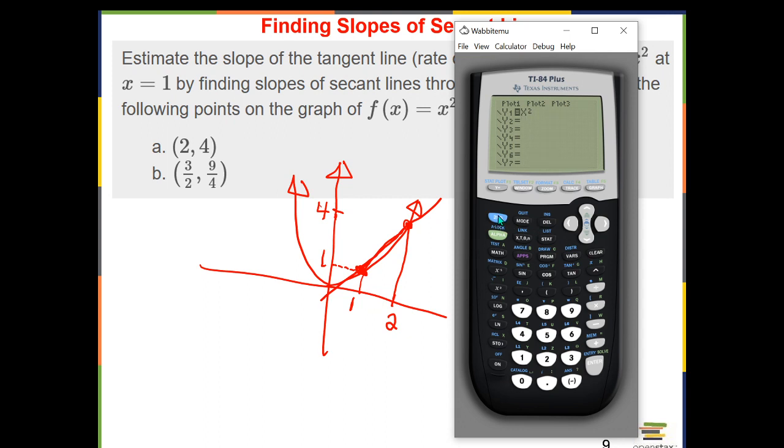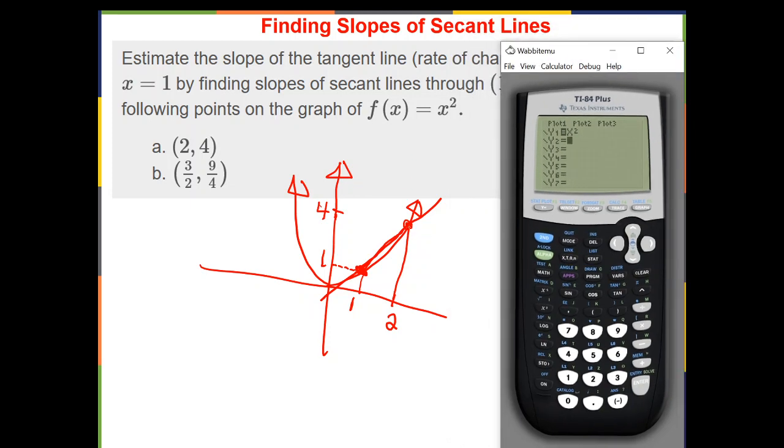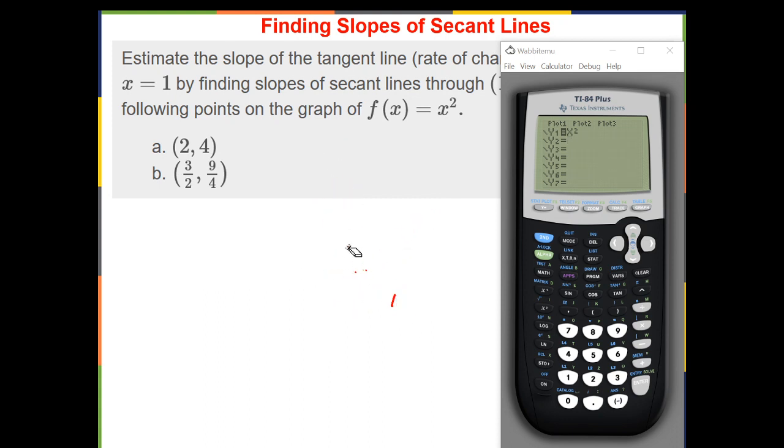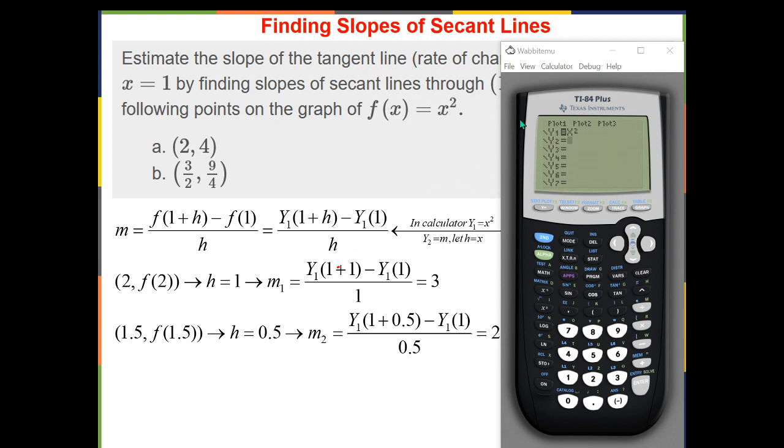And instead of typing all that in, I could go to y equals, well, let's do this one also. So let me show you what I want to do, in order to make it simpler to calculate.